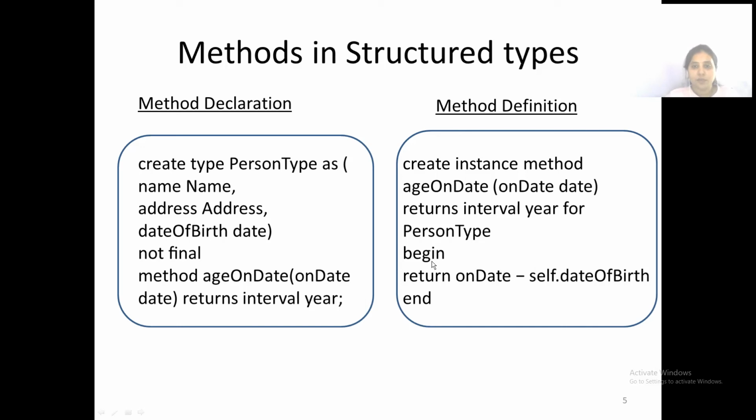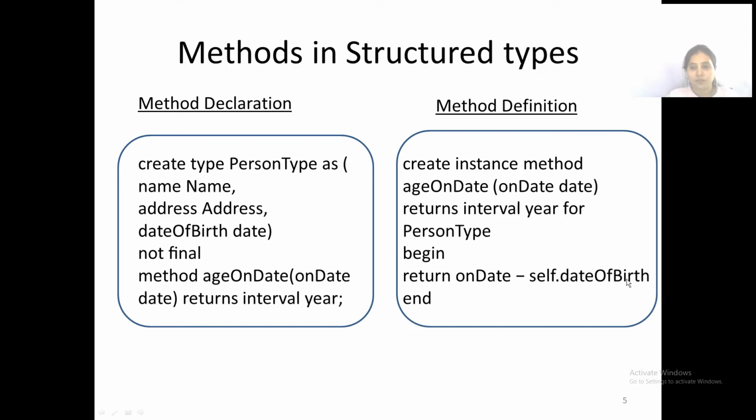Now within a begin and end you can write the procedural statements. For example, here it is written on date minus self dot date of birth. This self represents the current instance of this person type, so the current record of the table which is of type person type is referenced here.